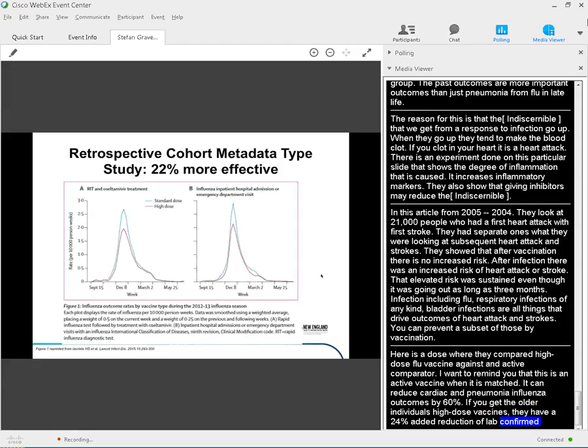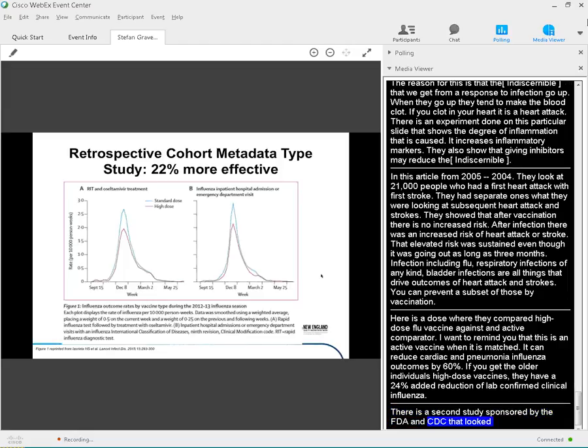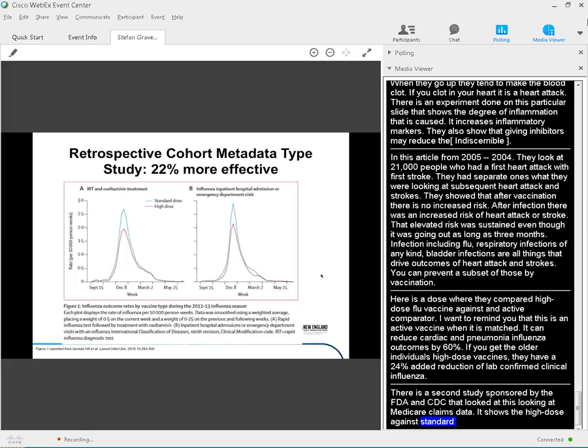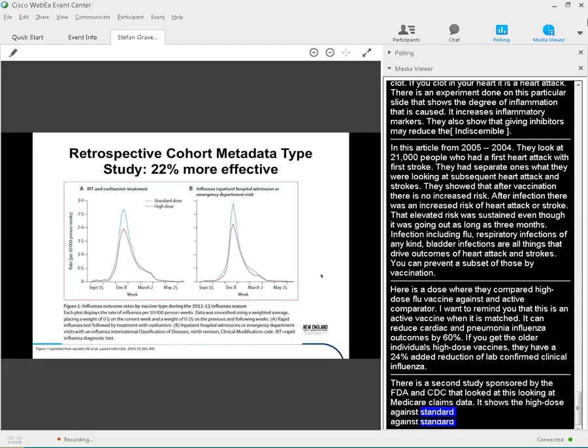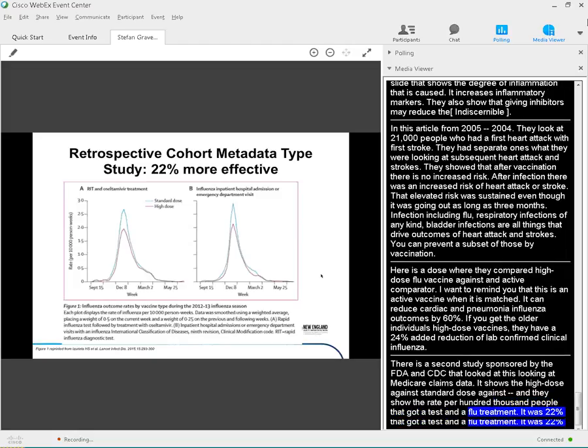There was a second study sponsored by the FDA, CDC, and NIH, which looked at this, looking at Medicare claims data. And the left curve here shows the high dose against standard dose and they showed the rate per 100,000 people who got a rapid test and then a flu treatment was 22% less likely if they had gotten the high dose, meaning they were less likely to be diagnosed and treated for flu, pretty close to the 24% number.